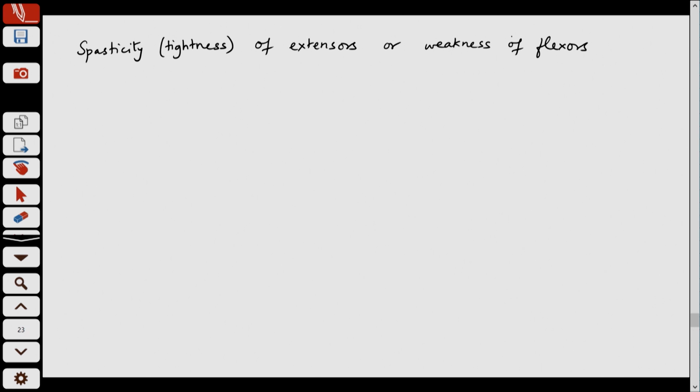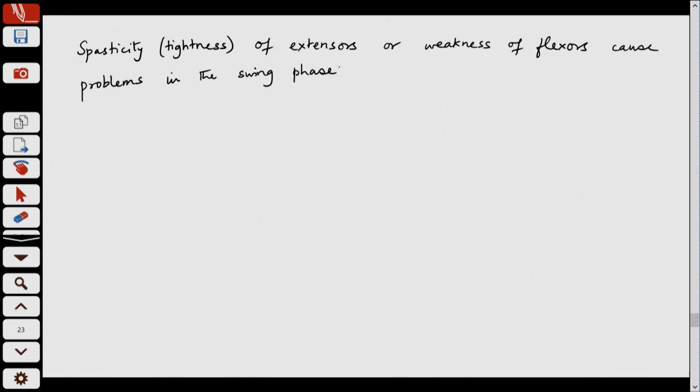Okay, flexors are necessary for shortening, extensors are necessary for lengthening. Okay. So, they could cause problems in swing. So, cause problems in shortening basically.